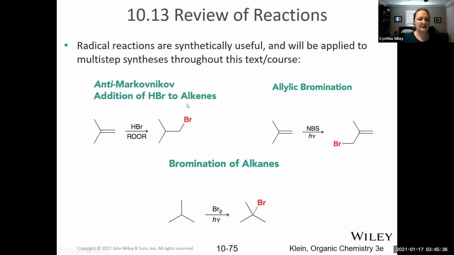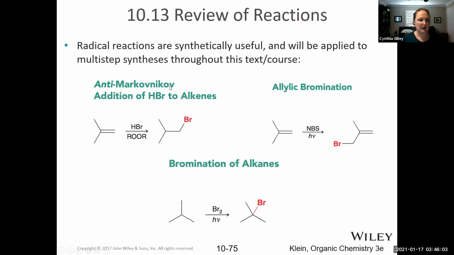So when you're studying your reactions from chapter 8, which talks about the Markovnikov addition of HBr to alkenes, where the bromine ends up at the tertiary carbon, you can also add this reaction in to your chapter 8 reactions, where if you have peroxides in with your HBr in the reaction, then you'll actually end up with the bromine on the less substituted carbon, not the most substituted carbon.